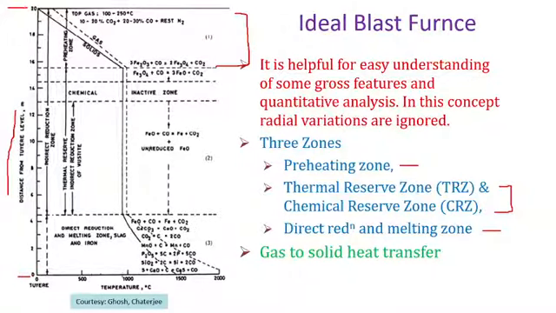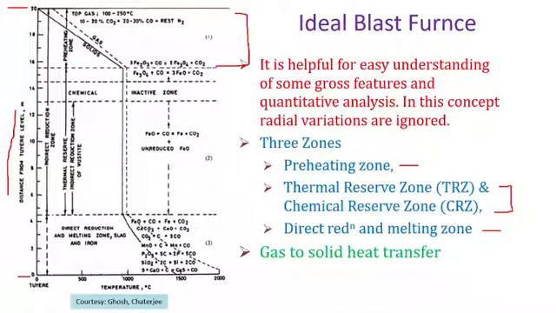At the top, the temperature is lower, but it increases to the middle of the stack. But this vertically straight portion indicates the thermal reserve zone, where temperature is almost constant.